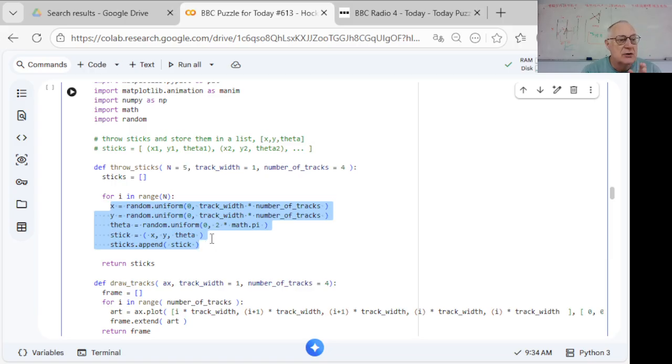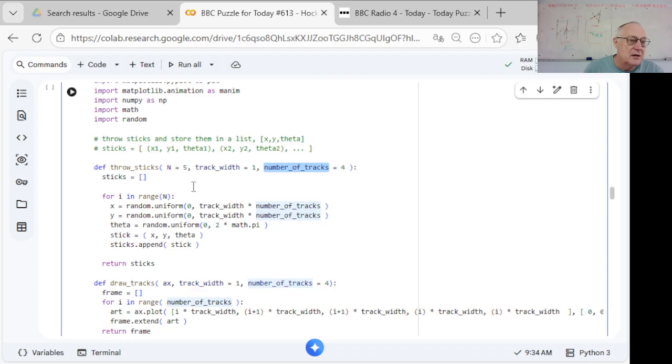So here, if you want to have a look, the experiment is modeled exactly as it would be. I define a function, throw sticks, which actually throws the sticks. It takes the number of sticks that I want to throw, the width of each track, and the number of tracks.